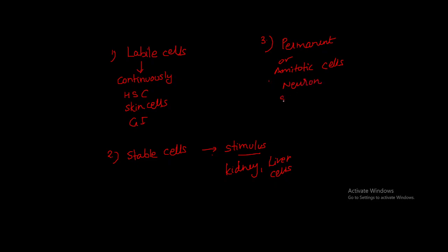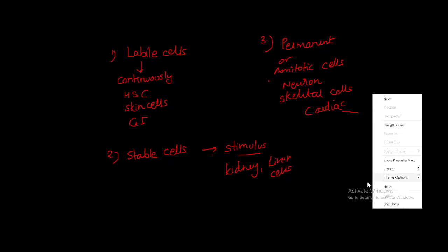Then skeletal cells, which help in the movement processes. Then the third one is the cardiac cells. So these are the three kinds of cells.